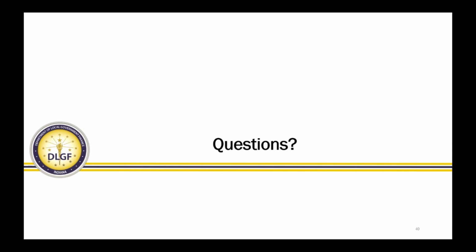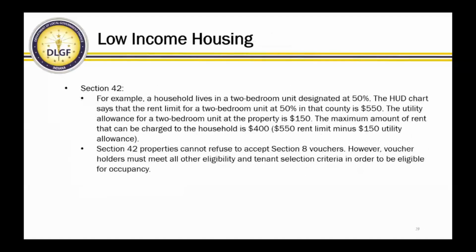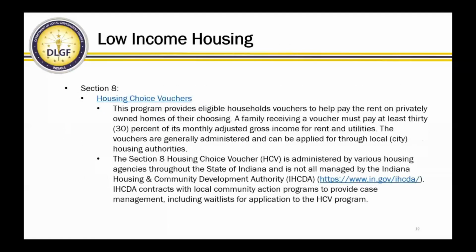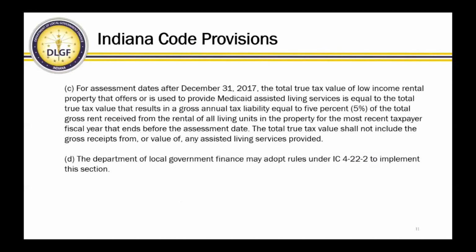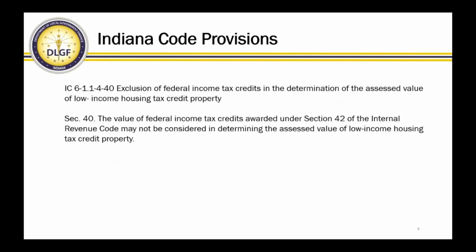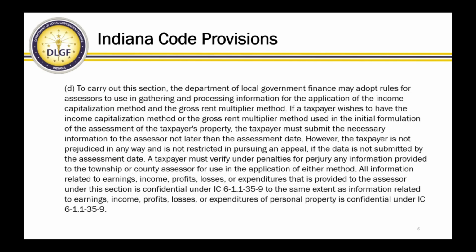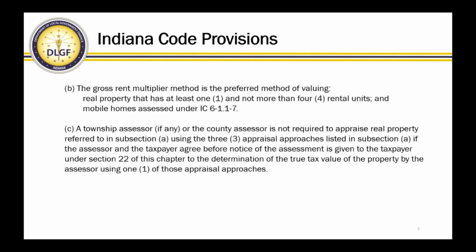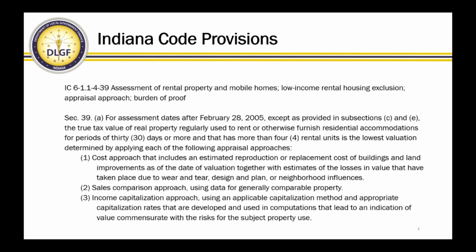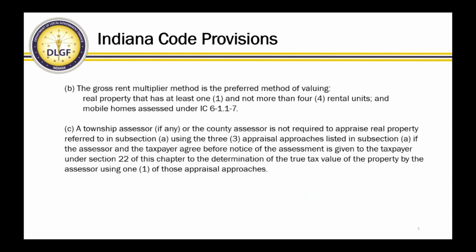The first one is, can the income approach appeal be used if financials were not provided before the assessment date? Yes, and I'm going to click back to the Indiana Code provision. A lot of times if a taxpayer or an assessor sends a question in about a property, I will frequently refer to the Indiana Code provision.